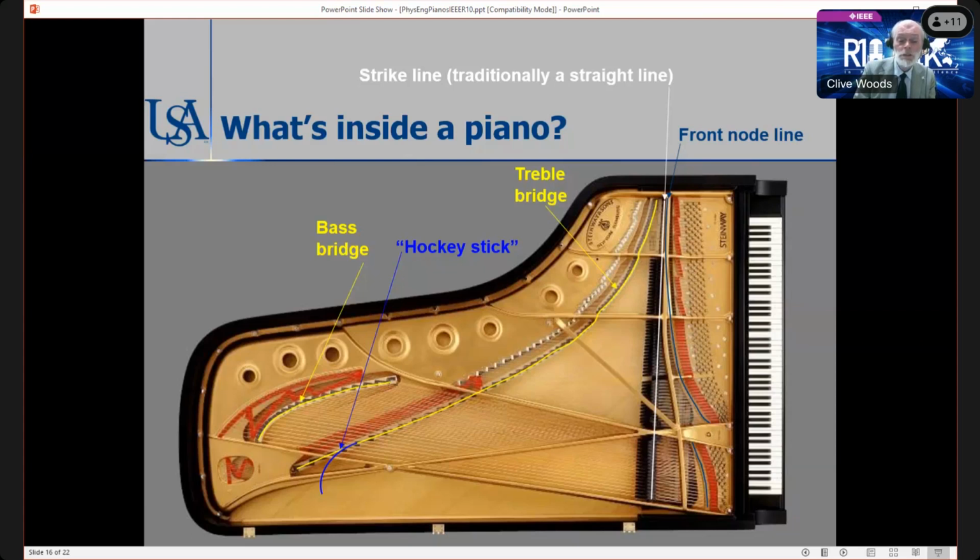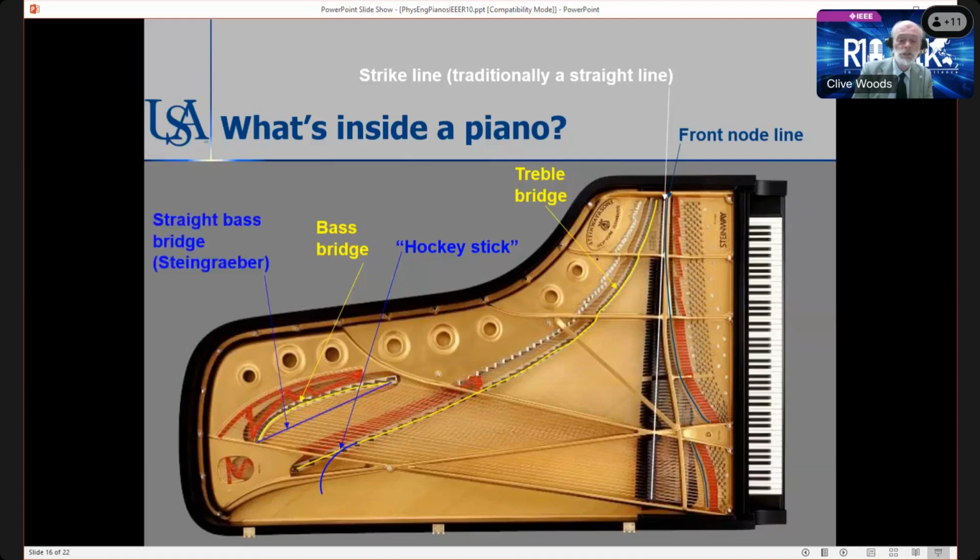But what's interesting is that they did hockey stick the bass bridge. So on a Steinway, the notes a few strings above the lowest note sound more resonant than you might otherwise expect, and then the very lowest note is not quite sounding as you might expect, judging from the notes a few above the lowest note.